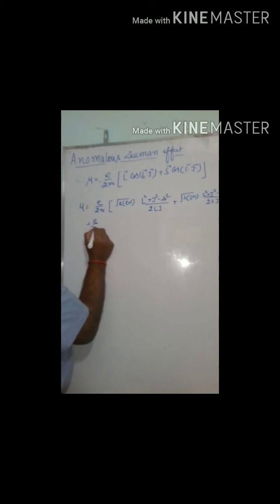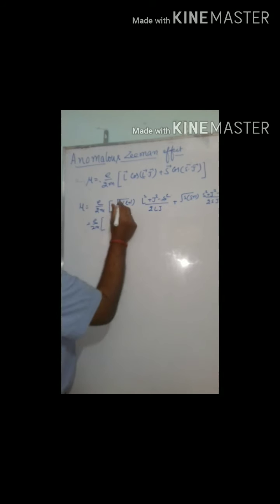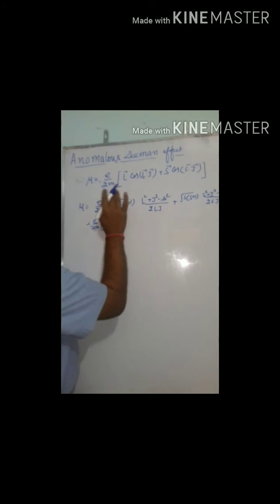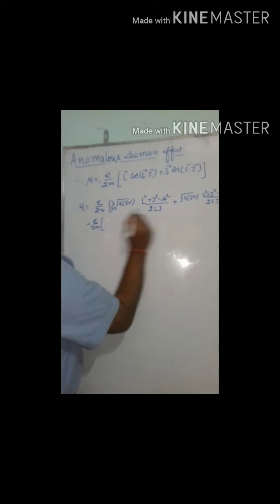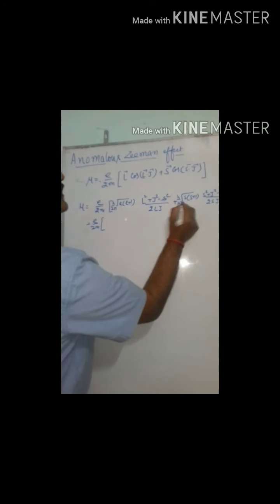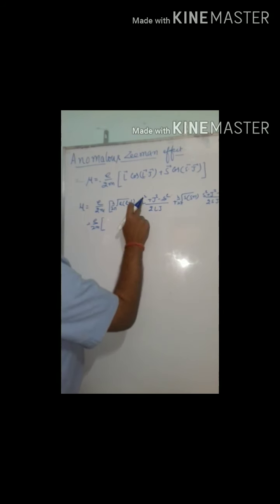We can write it as e upon 2m, and if we solve it, here we can write h upon 2 pi taken out, with h upon 2 pi in each term, giving h square upon 4 pi square.